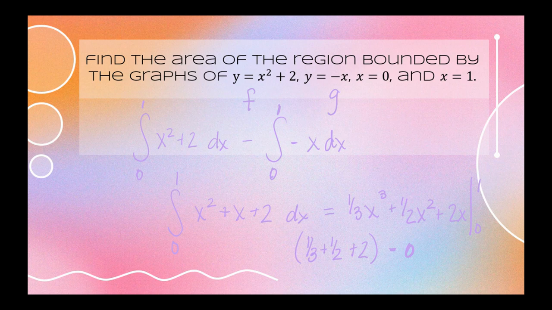Make sure that you are showing that you're plugging 0 in. I know we all know that when we put 0 in for all those x's, it's 0. Still show that, okay? We just want to show that we're evaluating the whole thing.